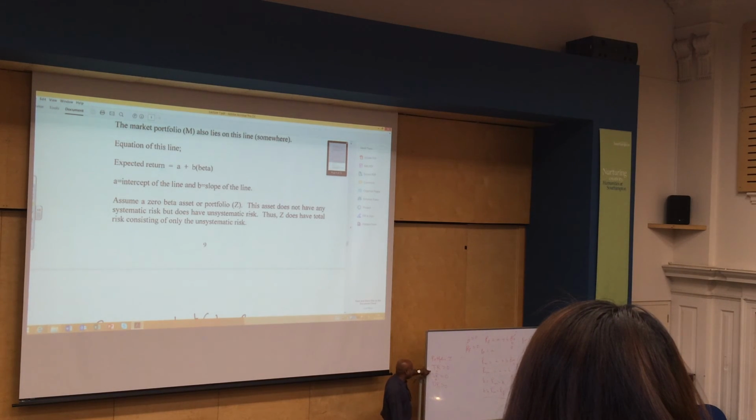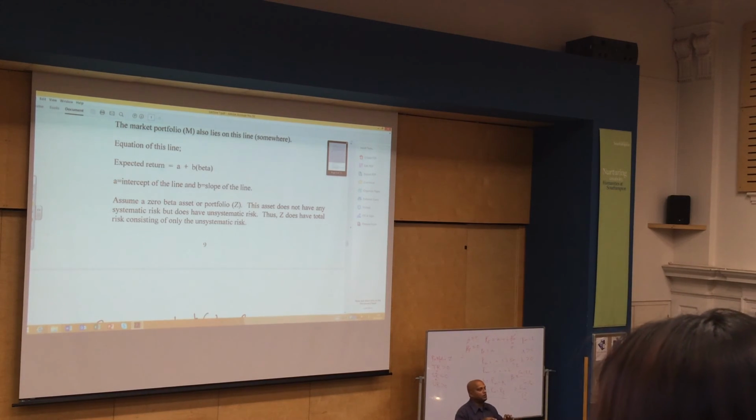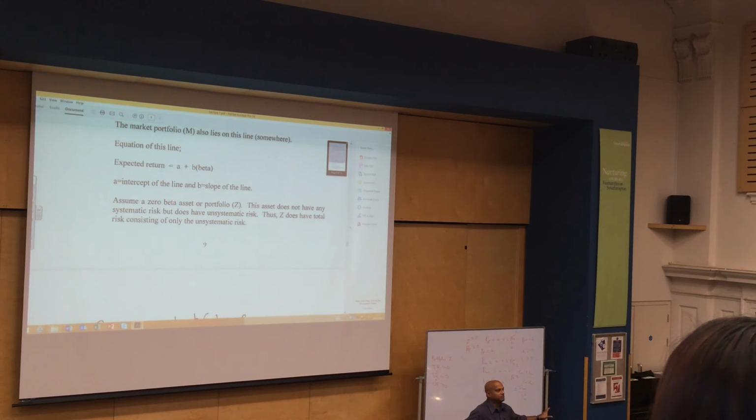Total risk is positive, systematic risk is 0, and unsystematic risk is positive. So total risk is entirely made of unsystematic risk. In a well-diversified portfolio, this will have no effect.